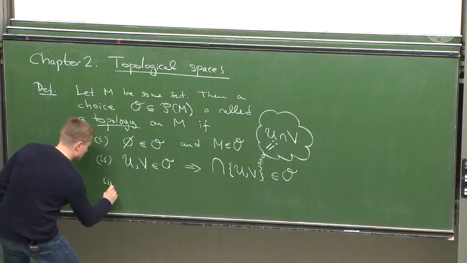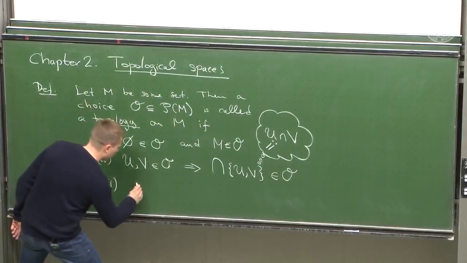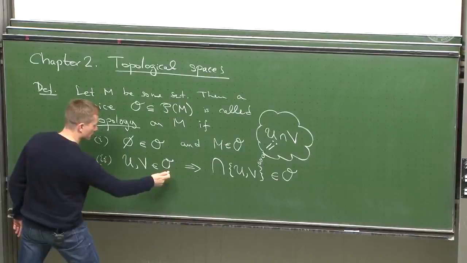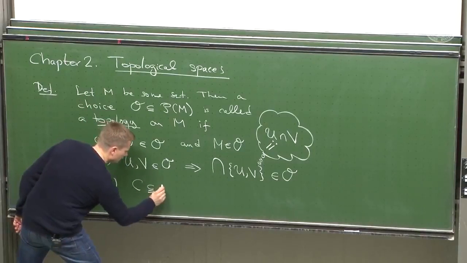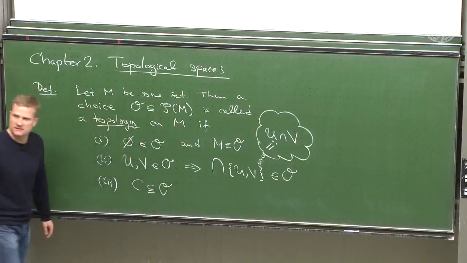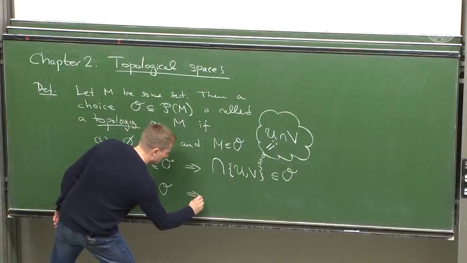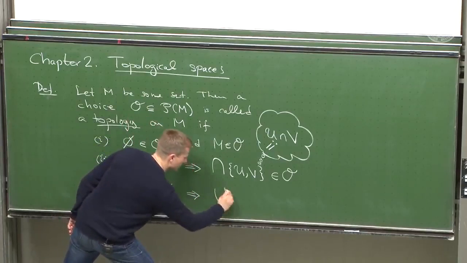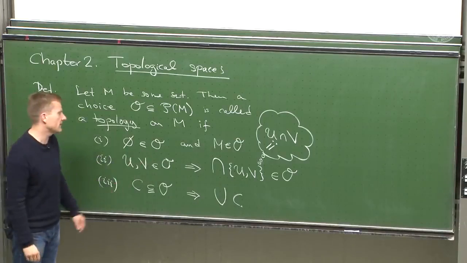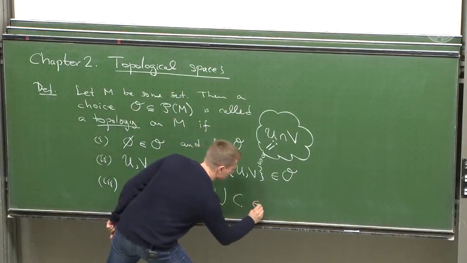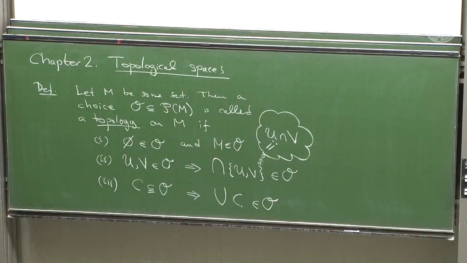And the third condition is if you have a collection of open sets. So here I took two, but now I take an arbitrary collection of open sets. Then the requirement is that the union of this arbitrary collection, not two, not finite, arbitrary collection, again lies in your pick of sets.